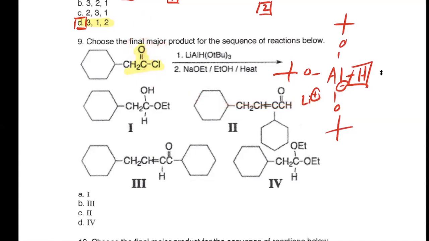You guys have seen this several times. It's going to push the chlorine off there. And what you get as a result of that is an aldehyde, because you're providing that hydride there.